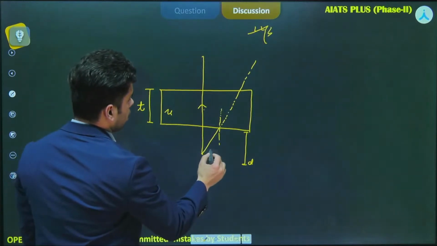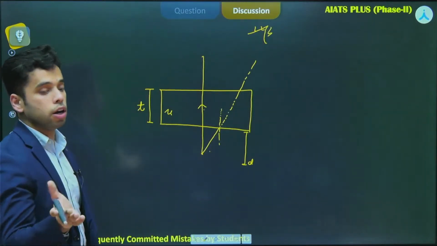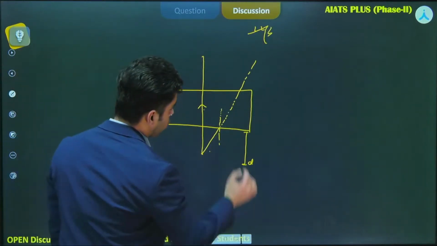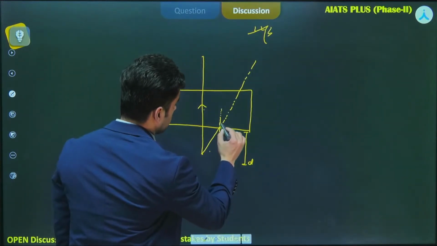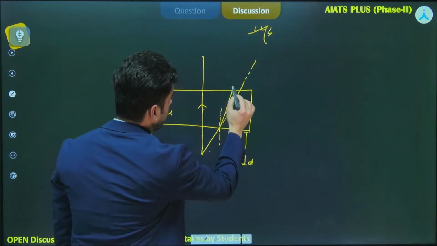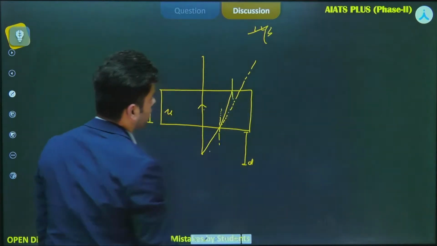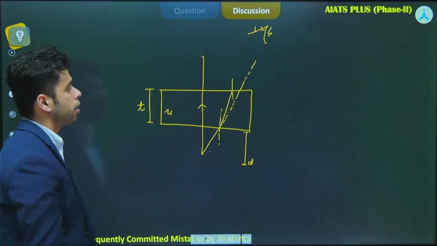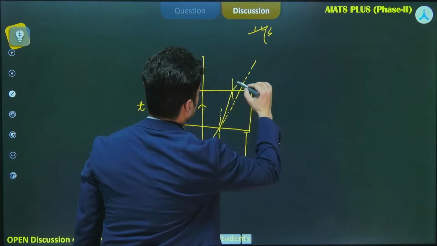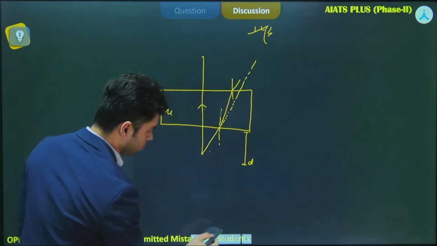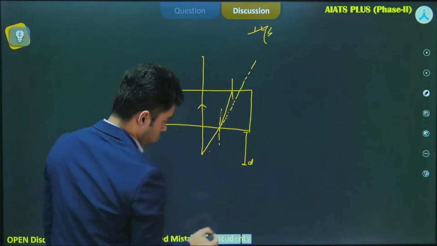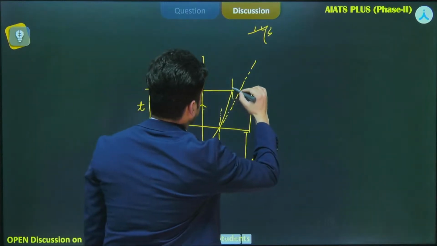From here to here, the ray goes from rarer to denser medium, so it should bend towards the normal. And from here, it is going from denser to rarer, so it will move away from the normal. It will go something like this.